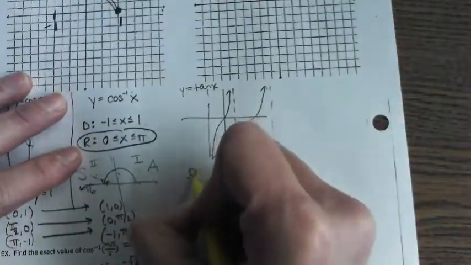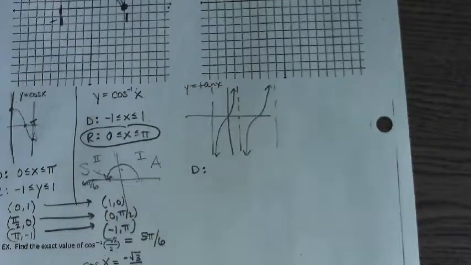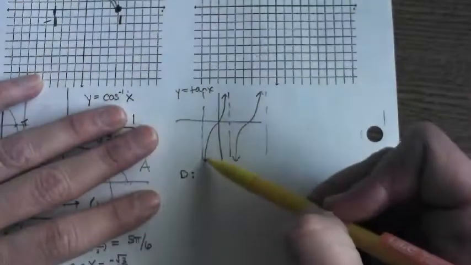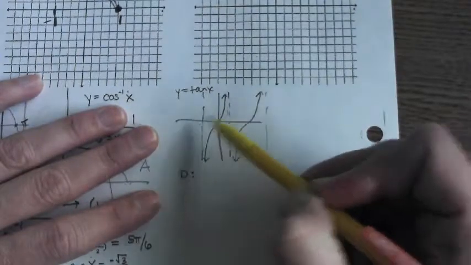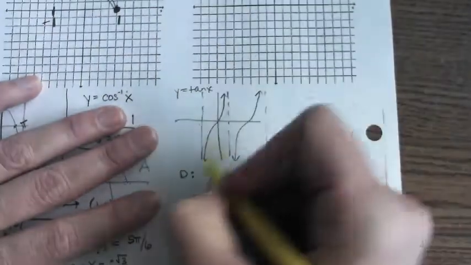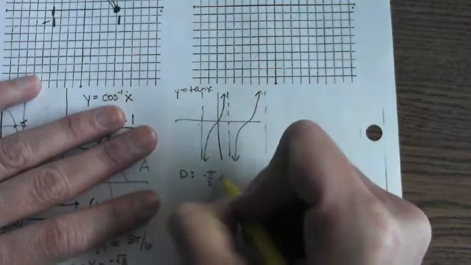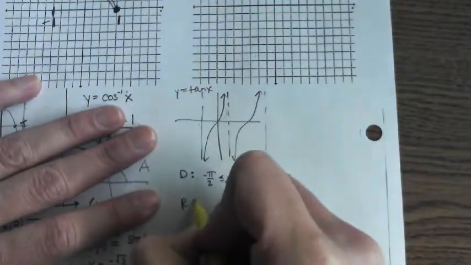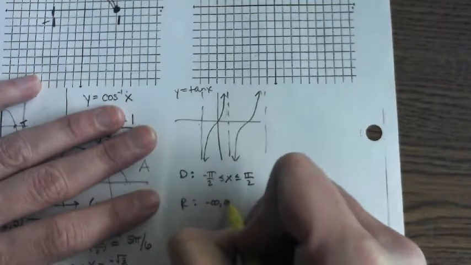What's the domain that's going to allow us to pass the horizontal line test? Negative pi over 2 to positive pi over 2. And your range is negative infinity to infinity.